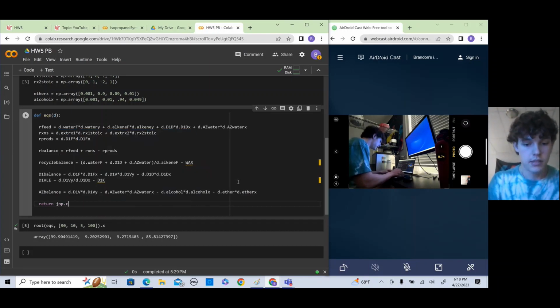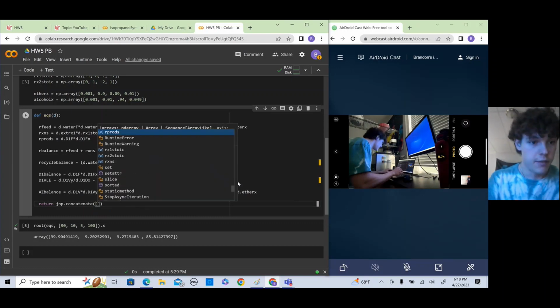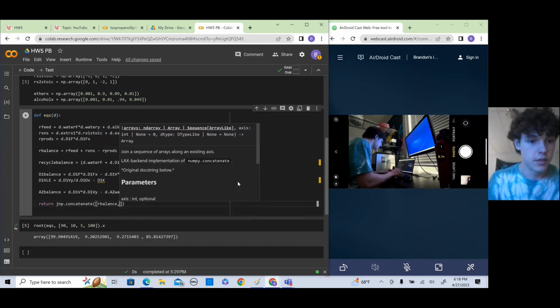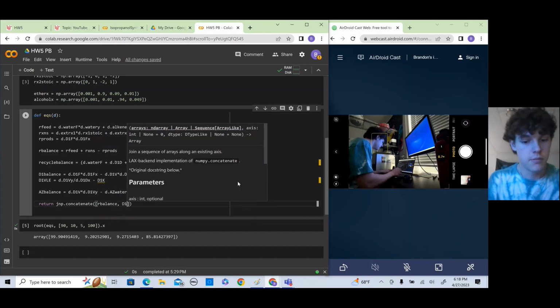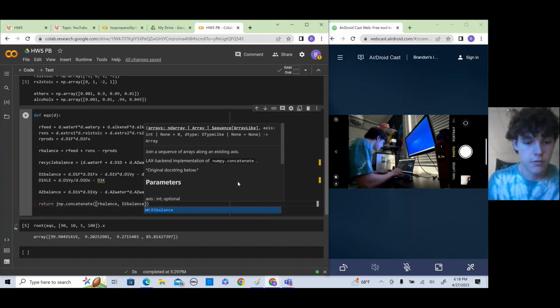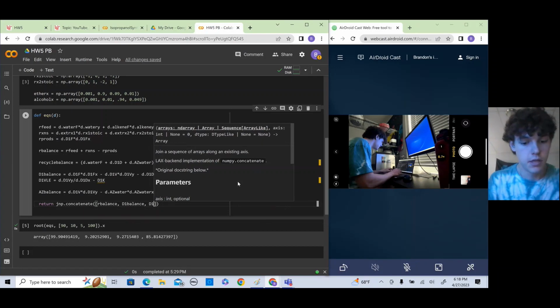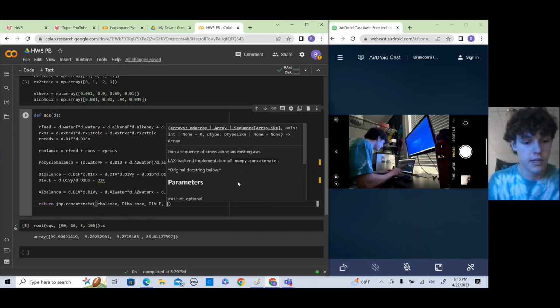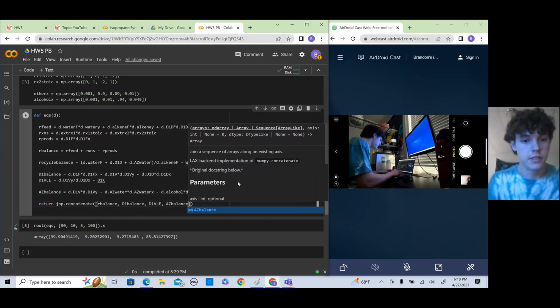jnp.concatenate and we're going to want our balance. We're going to want our D1 balance. We're going to want our D1 vapor liquid equilibrium and our AZ balance.